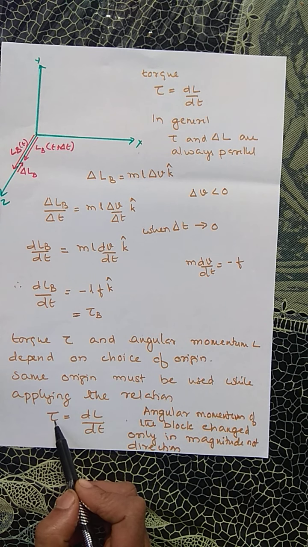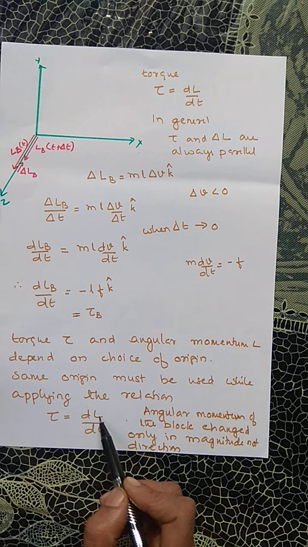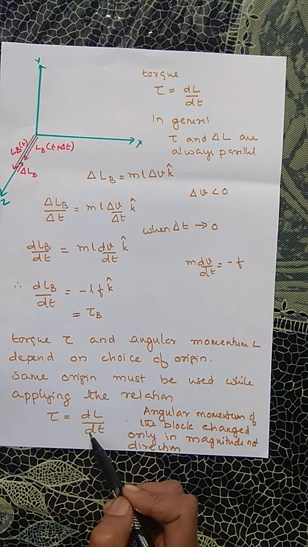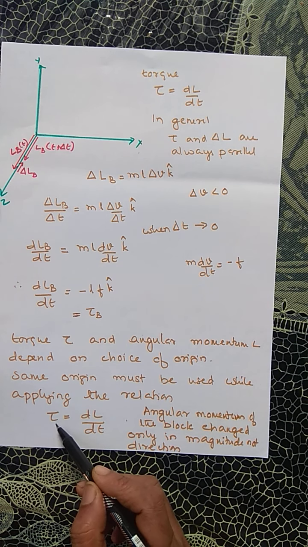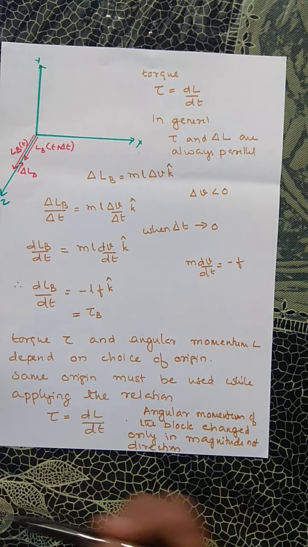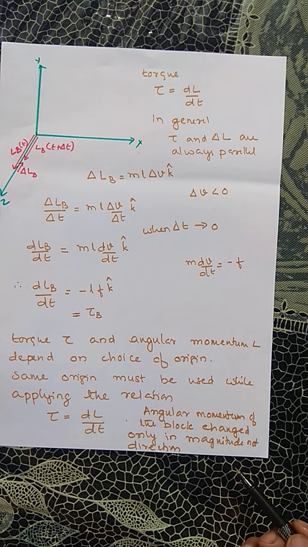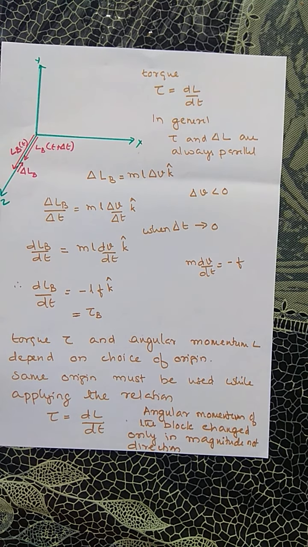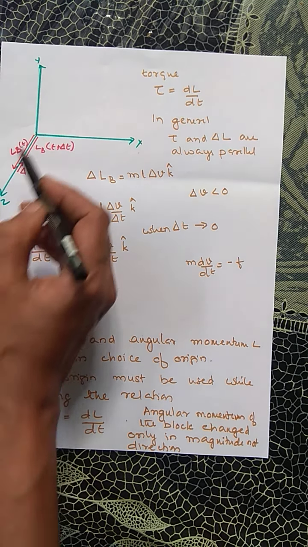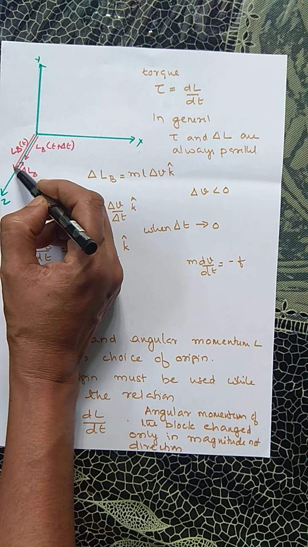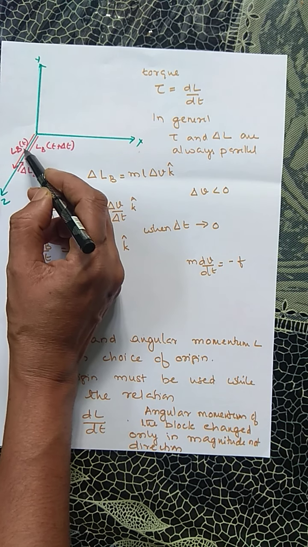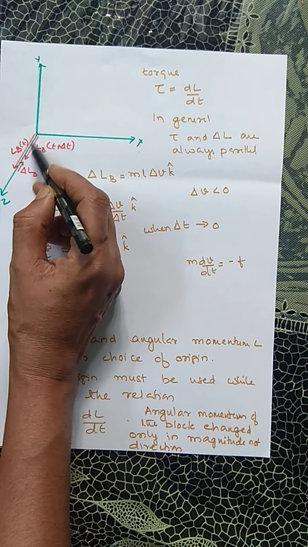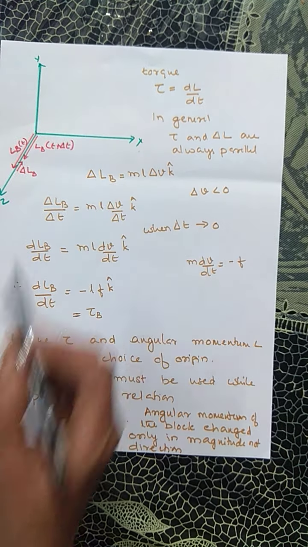If you are finding the torque at a particular origin, the angular momentum at that origin itself should be considered. Only then can we apply this condition, because we can consider different origins and find different values. Now we see that the angular momentum of the block has changed only in magnitude. Initially it was this much, now it has decreased. So the magnitude has changed, but the direction remains the same. The direction has not changed.